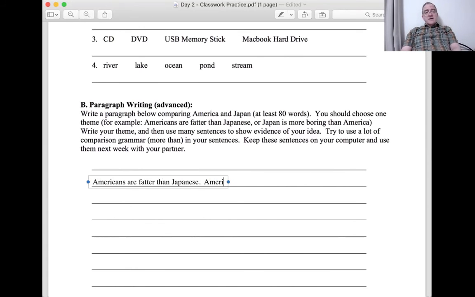Okay. Americans eat much bigger plates of food. They are fatter and many are more than, let's say, 180 kilograms.